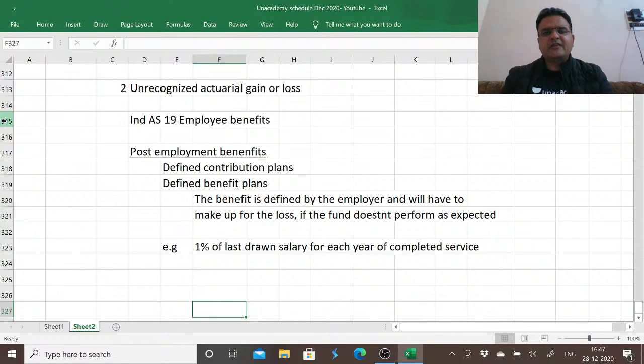So this is known as current service cost. The amount which we are liable to pay at the end of 5th year, we'll be discounting it to present value and will include it as part of our expenses in P&L today, because we know that the employee has completed 1 year, employee has earned that amount which the employee will be getting post employment, but they earned it today for the services they have provided this year in 2021.